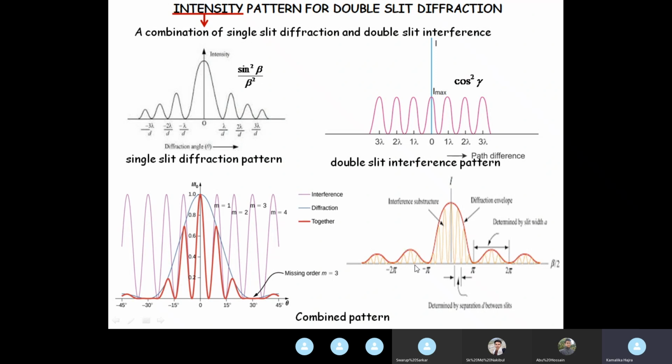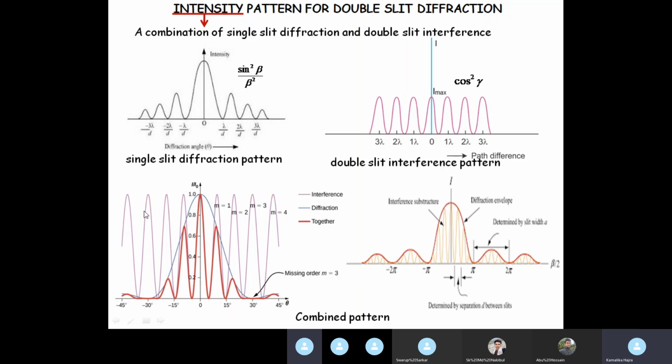So this again is a very, very important slide where you have to realize why the kind of intensity distribution that we get in case of a double slit diffraction looks like what it does. Okay, I'll just repeat quickly. Single slit diffraction, sine square beta by beta square. Double slit interference, cos square gamma.